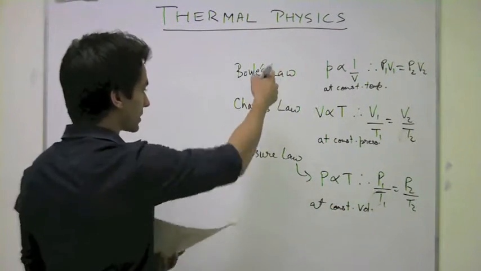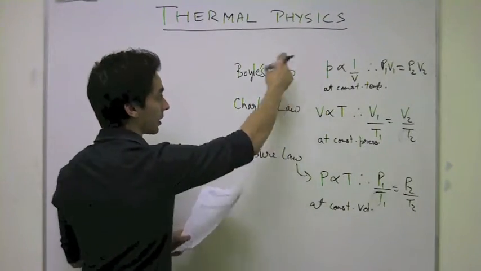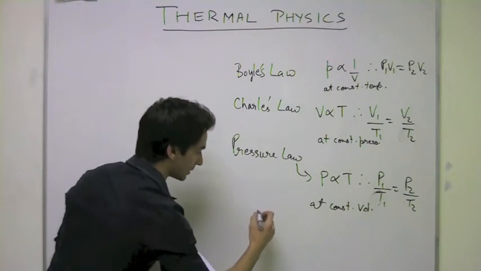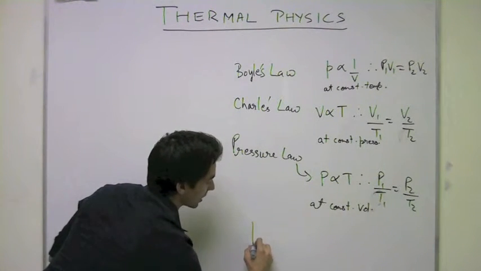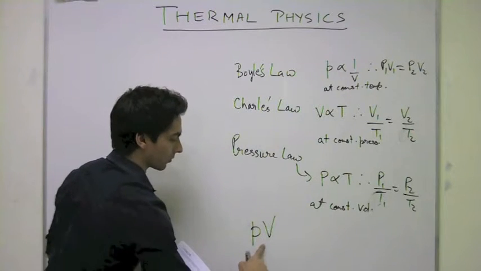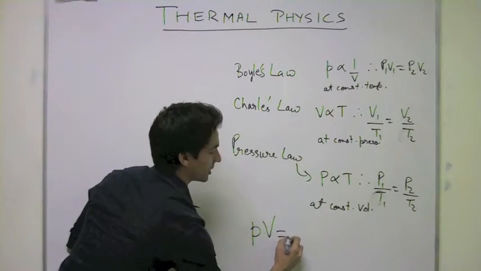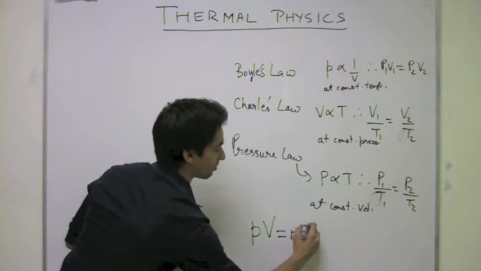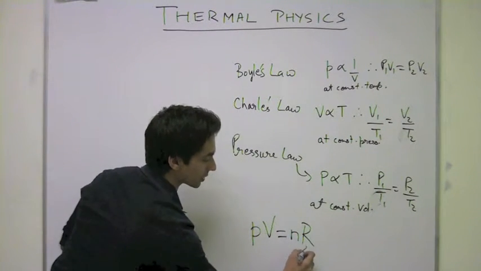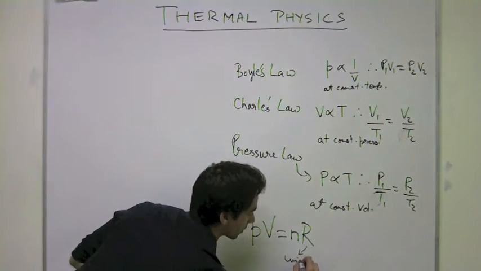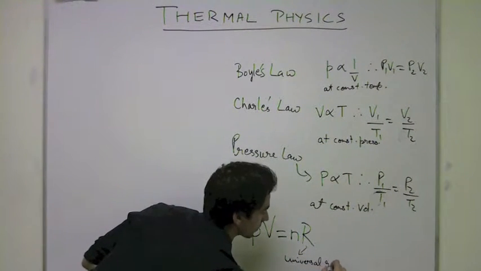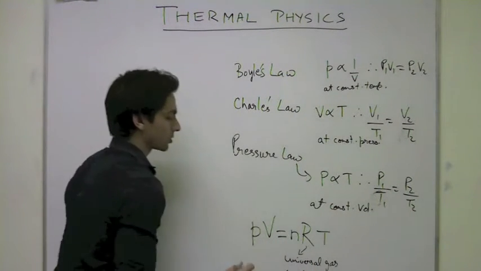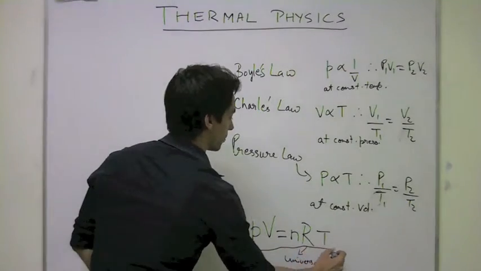So these are the three laws, and a summation of all these three laws arrives at the ideal gas equation, which states that the pressure multiplied by the volume of an ideal gas is equal to the number of moles multiplied by R, which is a universal gas constant, multiplied by the temperature. So PV equals nRT. They should be familiar with this.